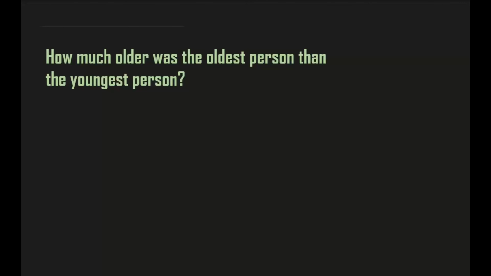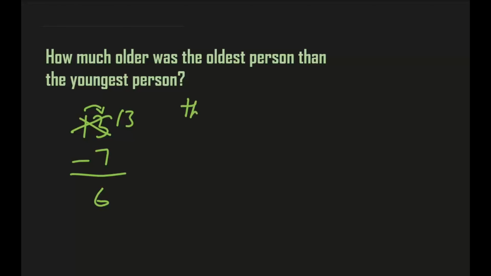Our oldest person was 13. Our youngest person was 7. So we will subtract those numbers. 3 minus 7, we can't do that, so we're going to borrow 1, and then this becomes 13. Pretty much the same question. 13 minus 7 equals 6. So our answer here is 6.